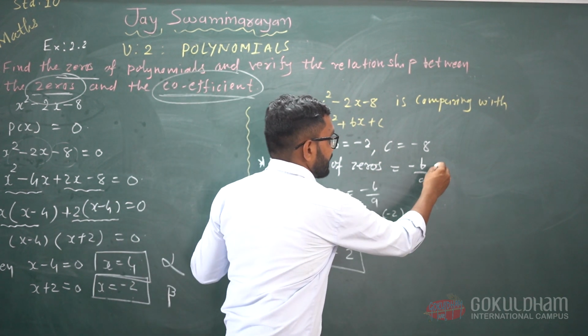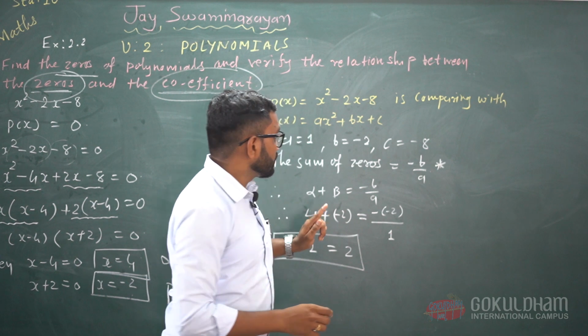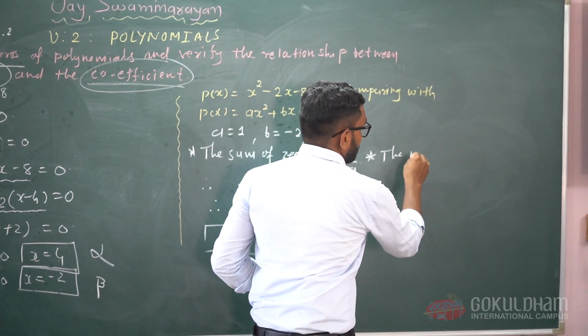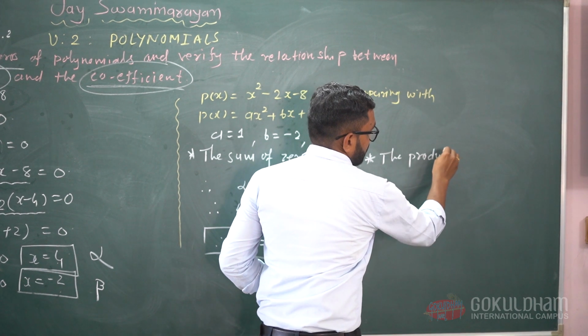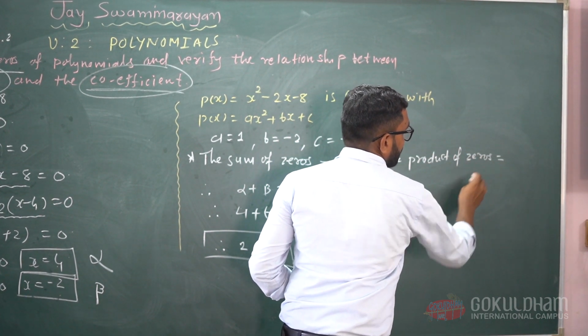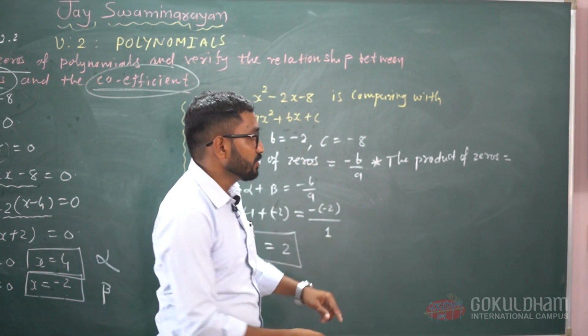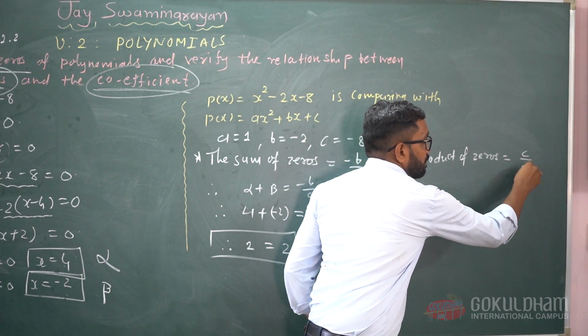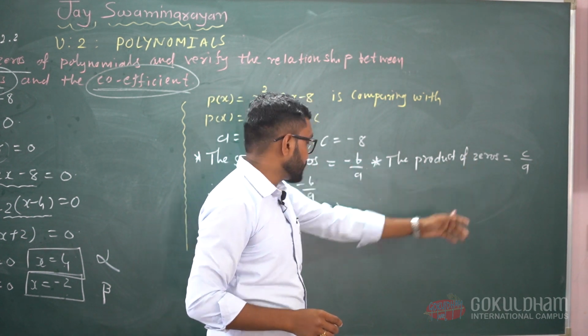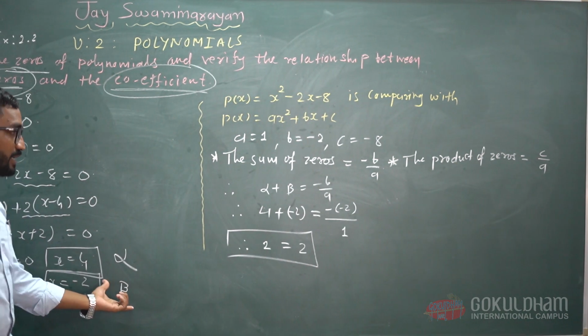Now the other relationship, the product of zeros. The product of zeros equal to c by a. We know the product means multiplication of the two zeros, alpha and beta.